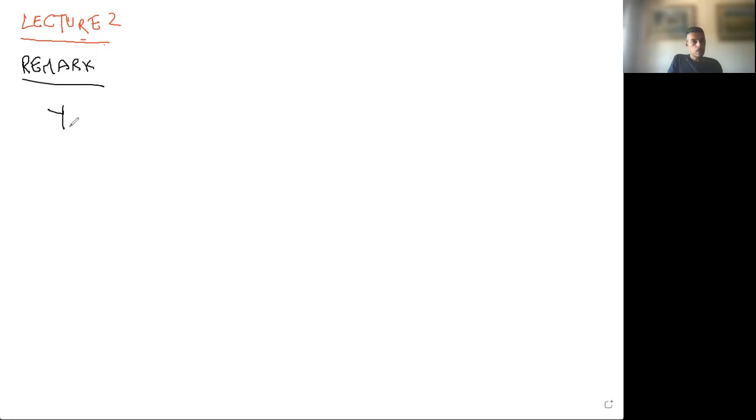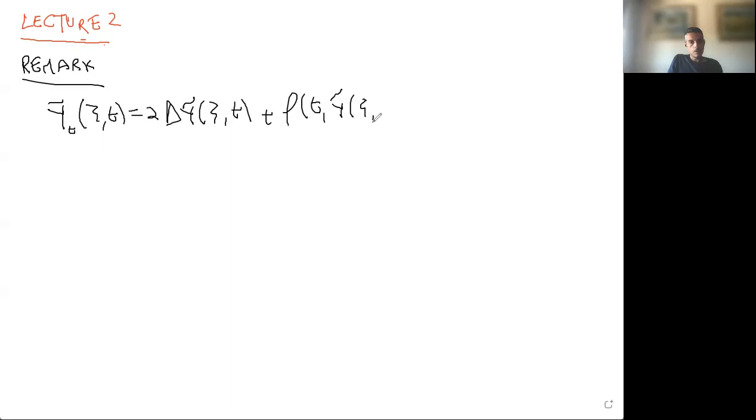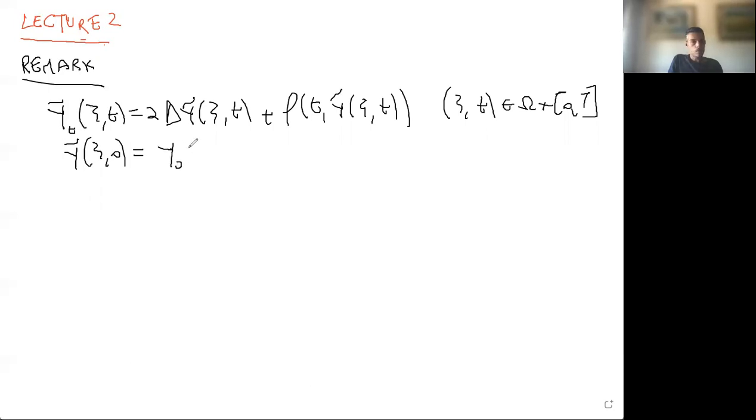Let me start with a remark. Let's consider now this problem: y tilde t(c,t) equals alpha Laplacian of y tilde(c,t) plus f(t, y tilde(c,t)), with c in Omega times (0,T), and y tilde(c,0) equals y0(c).